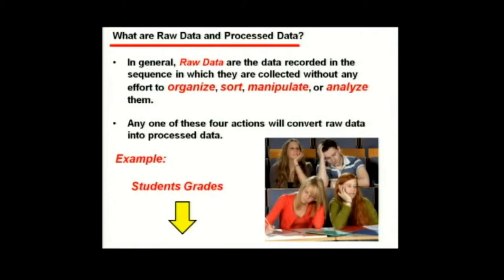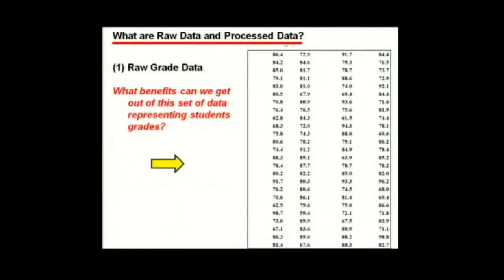Let's take an example on students' grades, which is an example that all students are familiar with, and see what we mean by raw data and processed data. If one looks at this set of numbers here, these represent raw data, raw grade data.